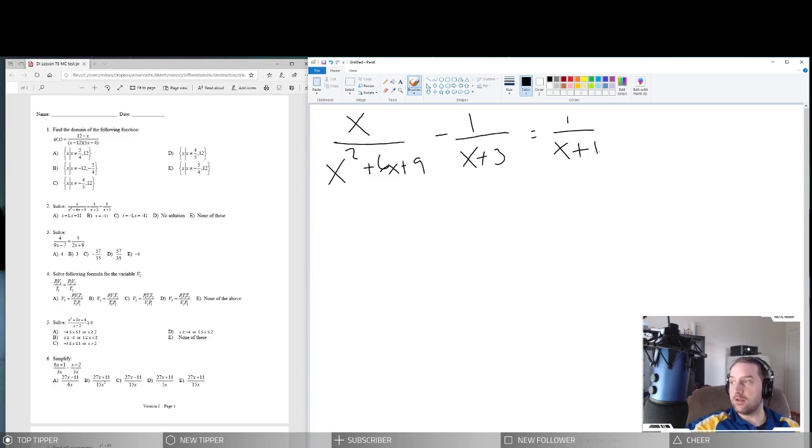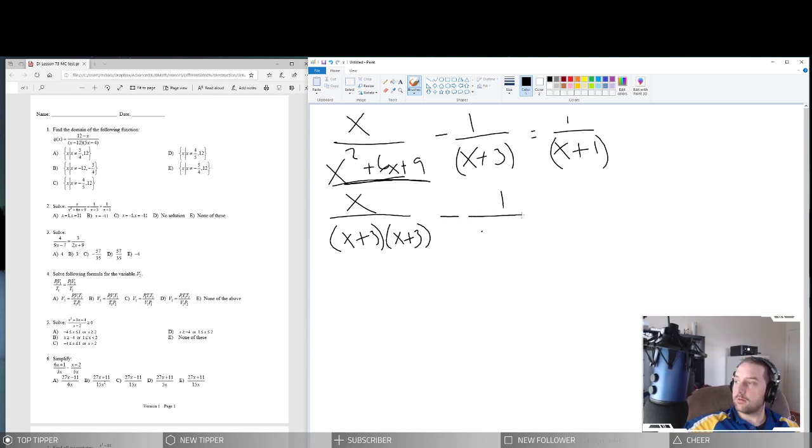So what we need to do is figure out what factors exist in the denominator. I do have this x plus 3. I do have this x plus 1. I need to factor this one. So that will turn into x over x plus 3 times x plus 3. So now I can see every single factor that I have in the denominator.